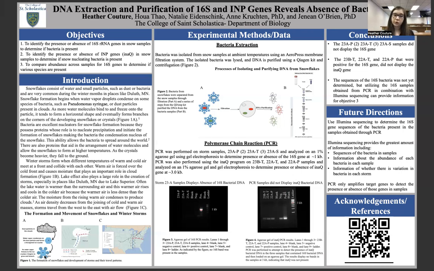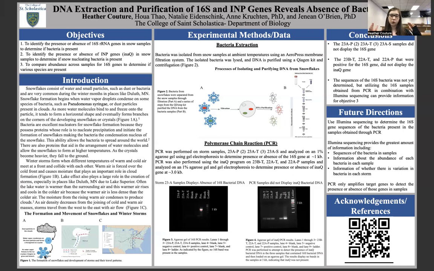So winter storms tend to be affected by the lake, such as Lake Superior has great lake effect on winter storms. And the lake water is usually warmer than the colder air above it.